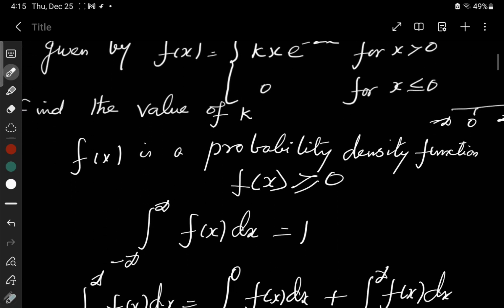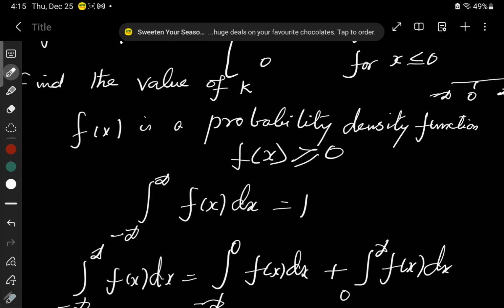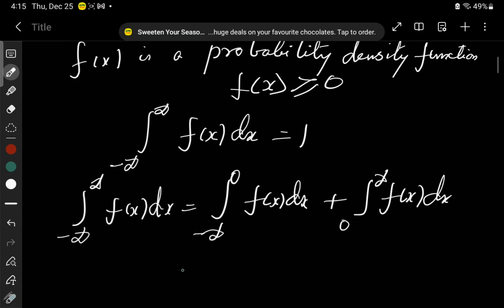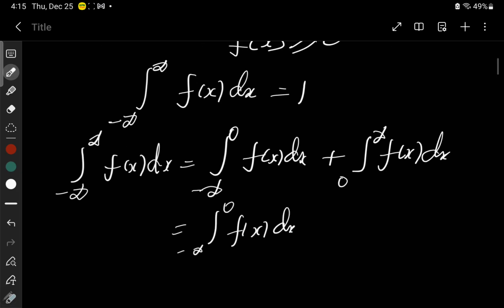For the first part, x less than 0, that is minus infinity to 0, the function is 0, so that integral is 0.